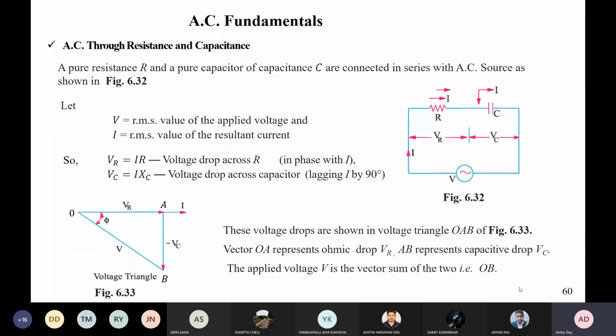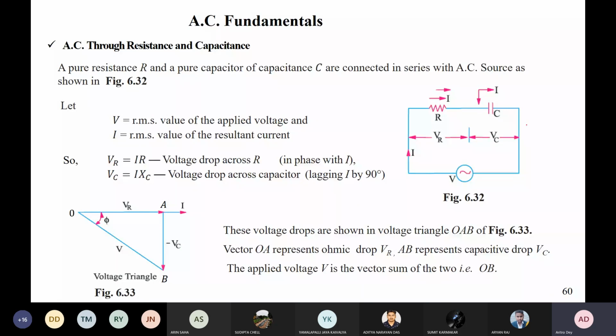Here you see, instead of an inductor, we have taken a capacitor. So what happens when we try to draw the phasor diagram, that you have to check. When we take series RL or RC circuit, we take I as the reference phasor, because the same current flows through each element.